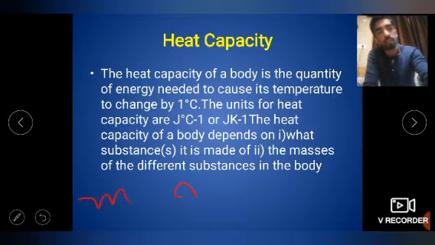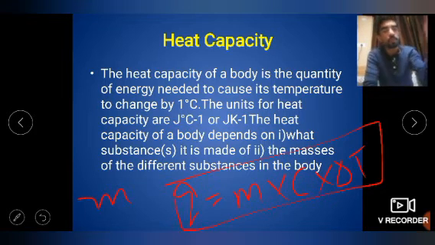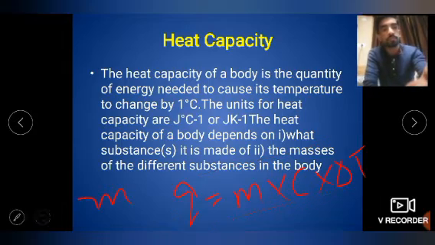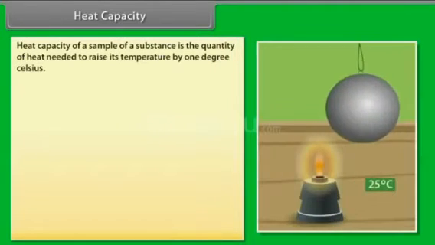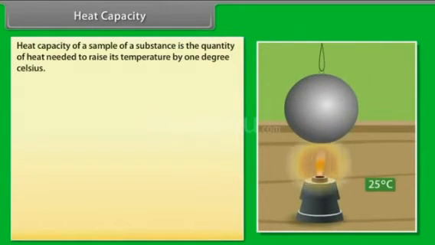The equation becomes Q is equal to n into C into delta T, where n is the number of moles. Now C becomes specific heat capacity. Heat capacity of a sample of a substance is the quantity of heat needed to raise its temperature by 1 degree Celsius.